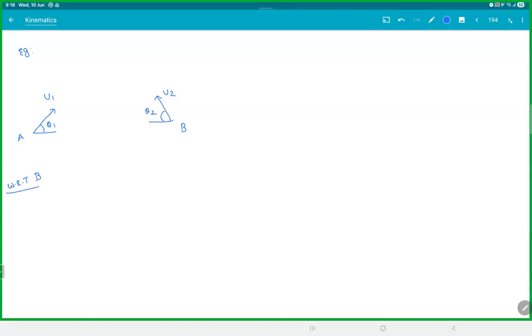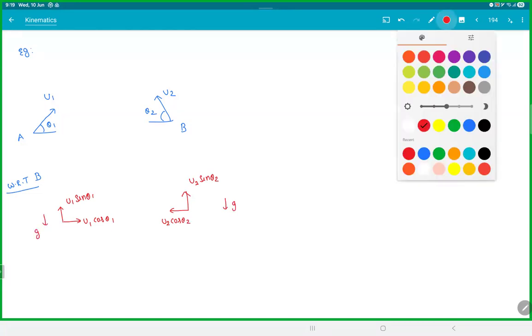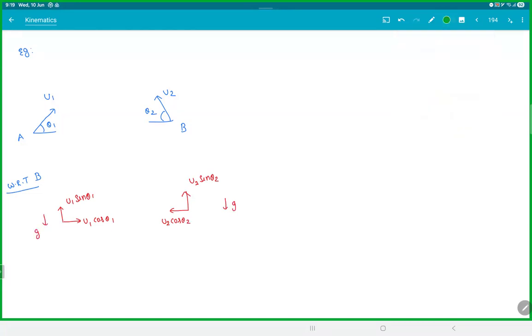Step 1, resolve the velocities into components. So let's do that. So this is u1 sine theta 1, and u1 cos theta 1, u2 sine theta 2, u2 cos theta 2. Gravity, g downward, gravity, g downward. You want to study with respect to B, so reverse the B ka velocity and acceleration.